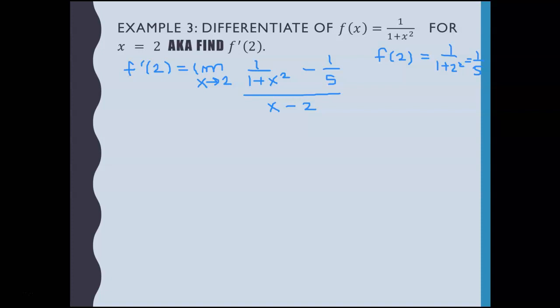So we know that in order to subtract fractions, they have to have a common denominator. So that means I need the least common multiple, which is 5 times quantity 1 plus x squared. So we're going to multiply top and bottom to get them to match.